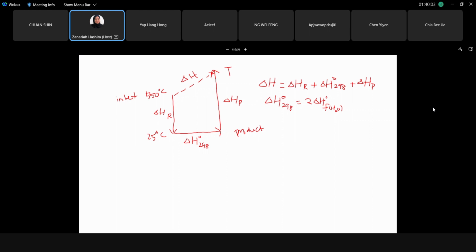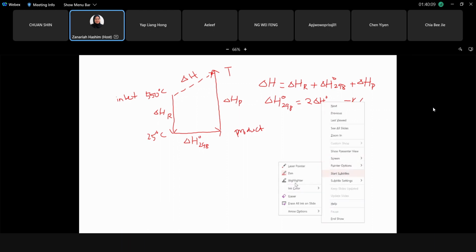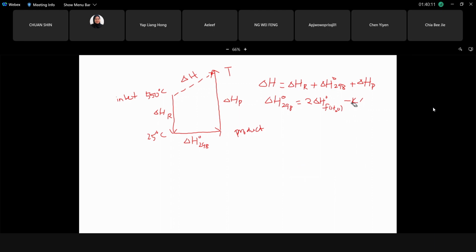And then minus 4 times the standard heat of formation of HCl. Okay, you get the value of standard heat of formation for H2O and HCl from the appendix.